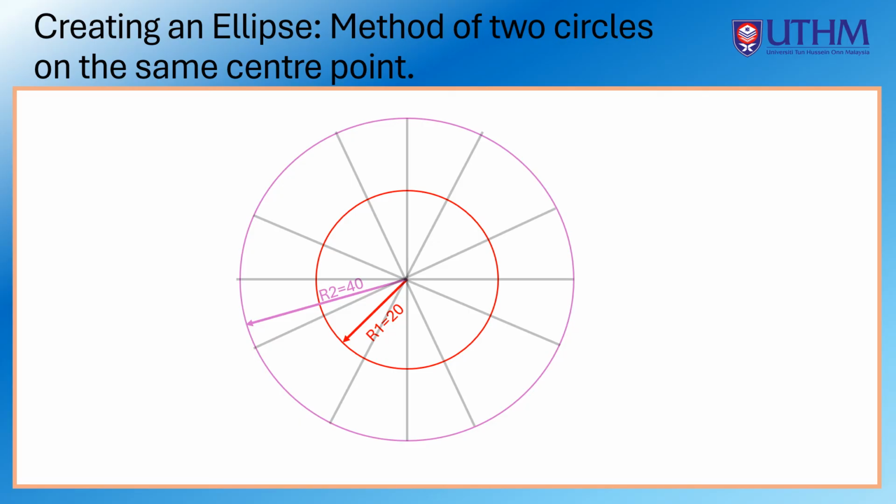Then, from these intersections, vertical lines from the bigger circle are drawn inwards and horizontal lines from the small circle are drawn outwards.